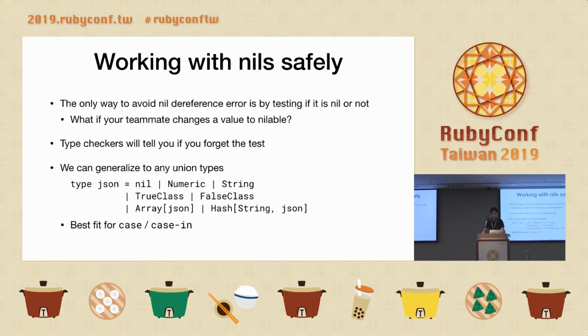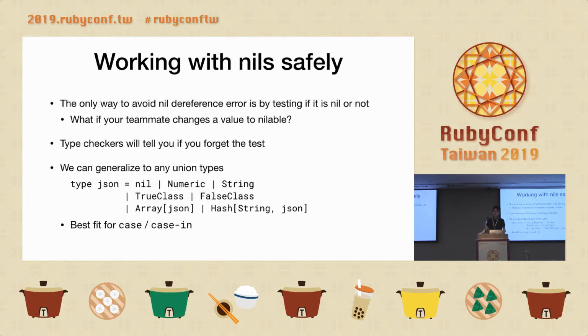And another important thing is that we can generalize the safety from the nil checking to any union types. So this is the type of JSON values. It can be nil or numeric or string or TrueClass or FalseClass or array of JSON or hash from string to JSON.